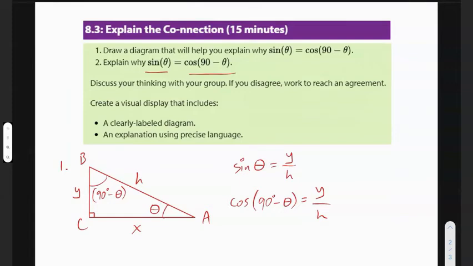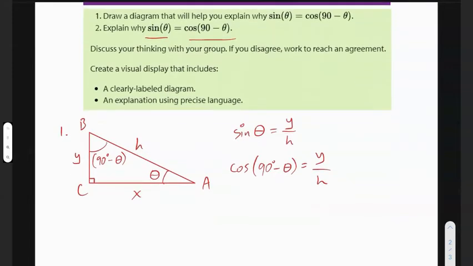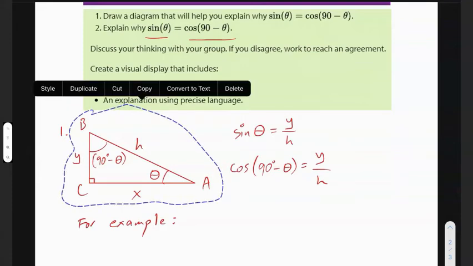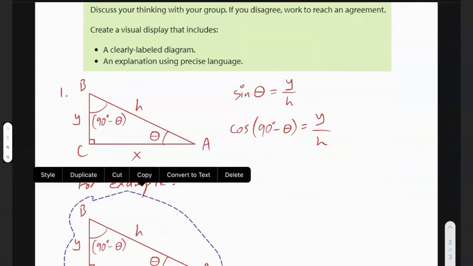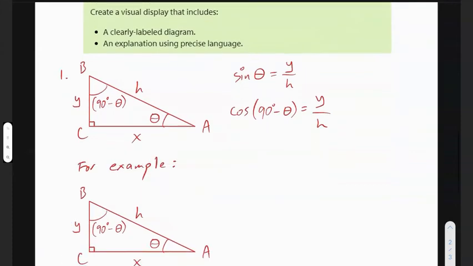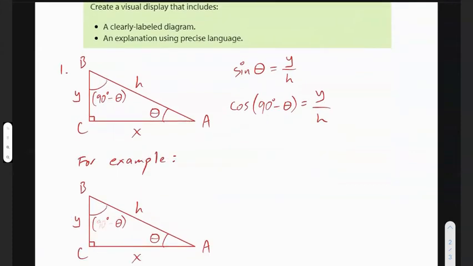For example, let me give you another triangle, this time with actual values. Let's do that 20 degrees, 70 degrees bit.